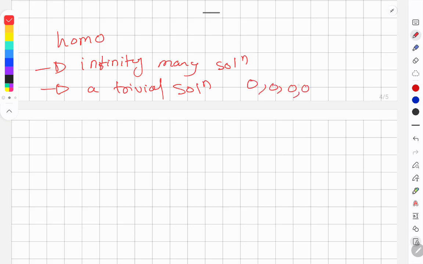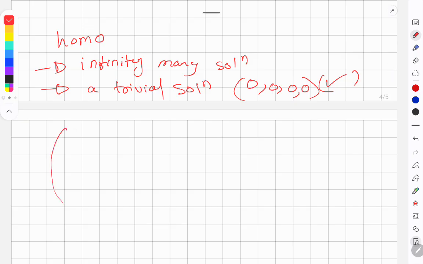If you see the last notes, you will get it. So it is asking whether there is some value t for which you get only this case, a unique solution, not any other case. The zero vector is always a solution of the homogeneous system.